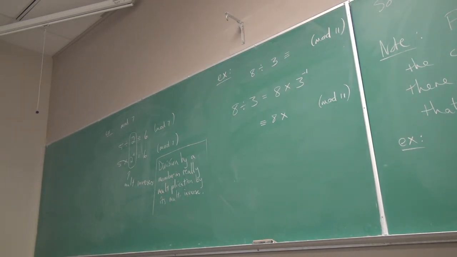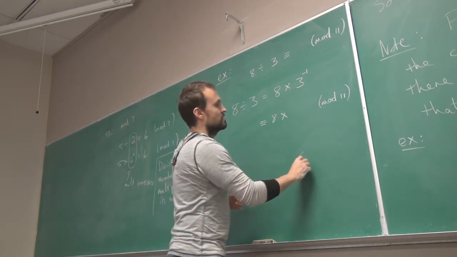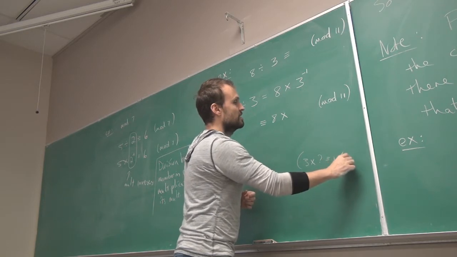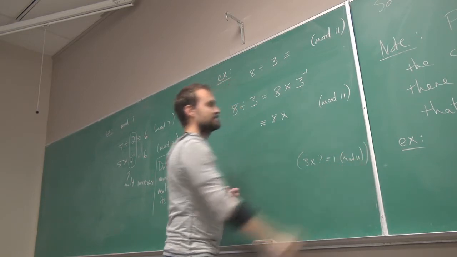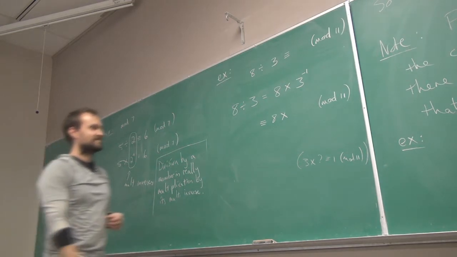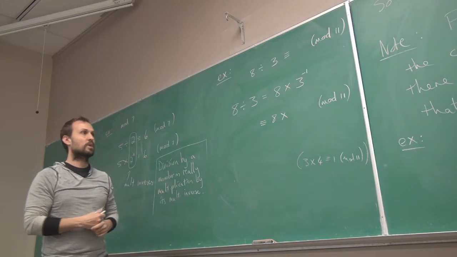3 has a friend that we call its multiplicative inverse. What is 3's friend? So that when I multiply them, I'll get a 1 mod 11. Okay, fine, 4. Because 3 times 4 is 12, which will give me the 1.